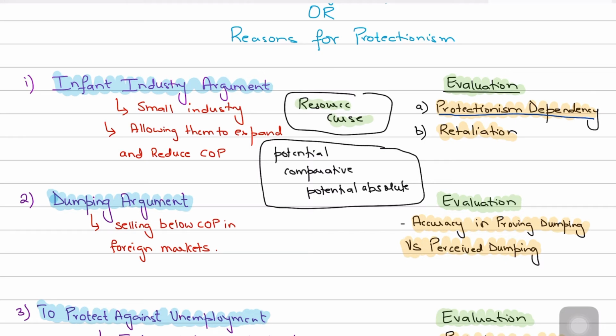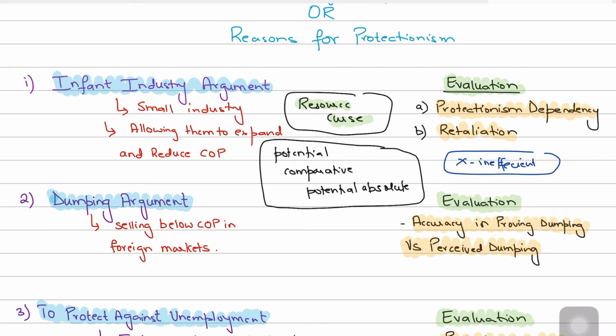So although yes, it may benefit them in the short run, if protectionism results in complacency, and the firms become complacent and create a dependency on the government's protectionist policies, then the infant firms might become something known as X inefficient. They might not purposely try to reduce their cost of production, and that will prevent the cost of production from decreasing to the extent that it could have.